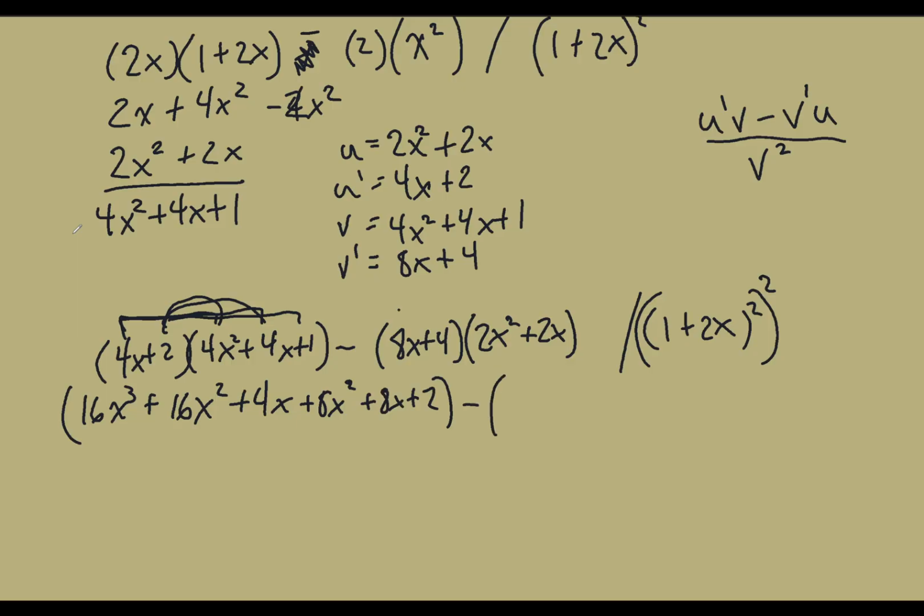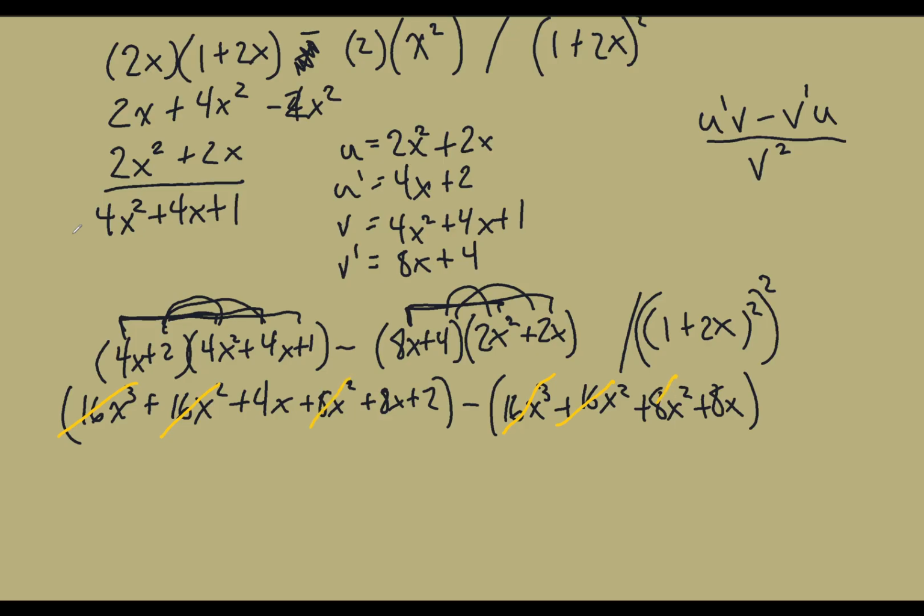Minus 16x cubed plus 16x squared plus 8x squared plus 8x. Okay, some of these should be able to cancel. 16x cubed cancels. 16x squared cancels.